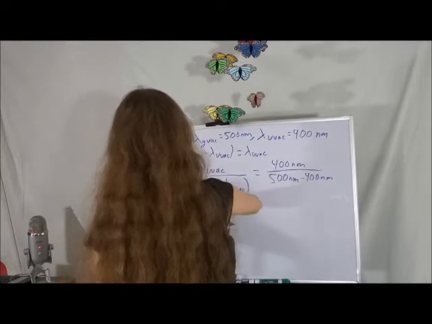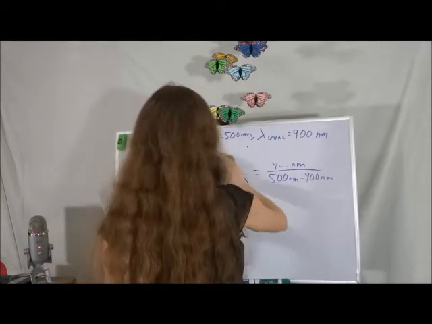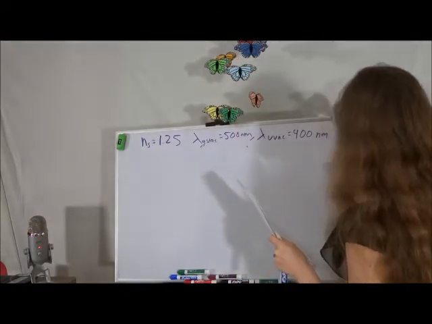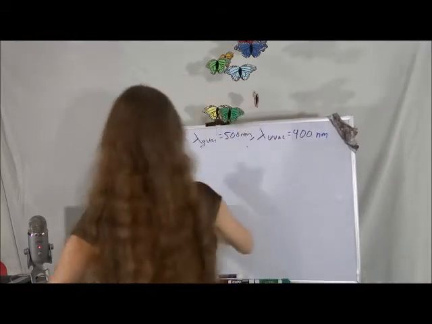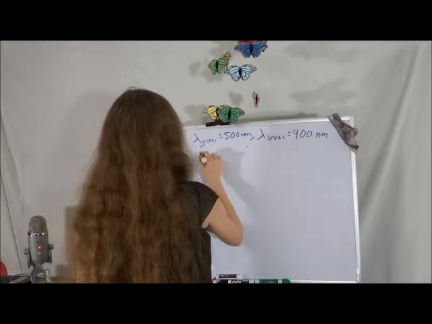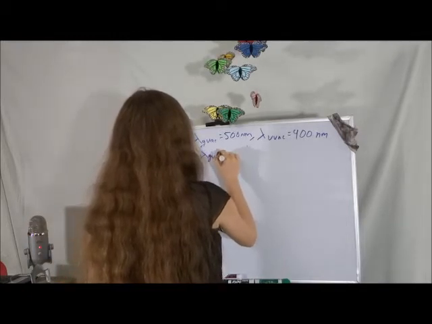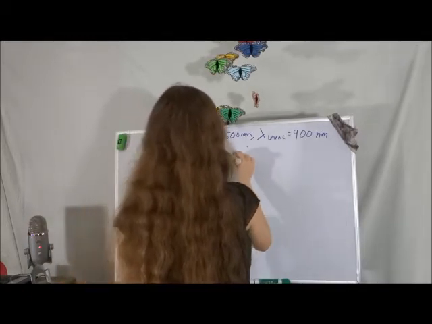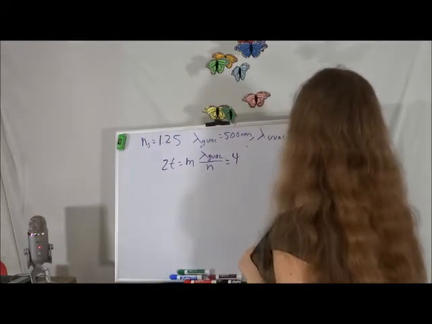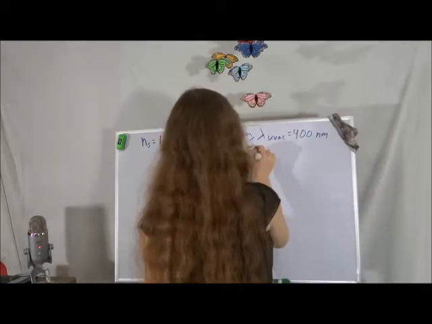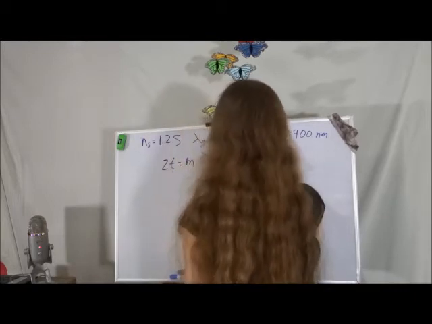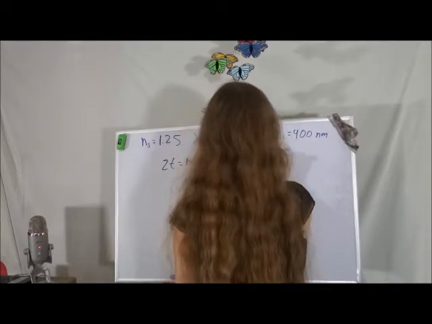So going back to our thin film equation, we're going to have 2t equals m lambda G vac over n. Well, m is 4. Now for our lambda G vac, here I'm going to convert from nanometers to meters, so we have 5.0 times 10 to the minus 7 meters, divided by our index of refraction, 1.25.